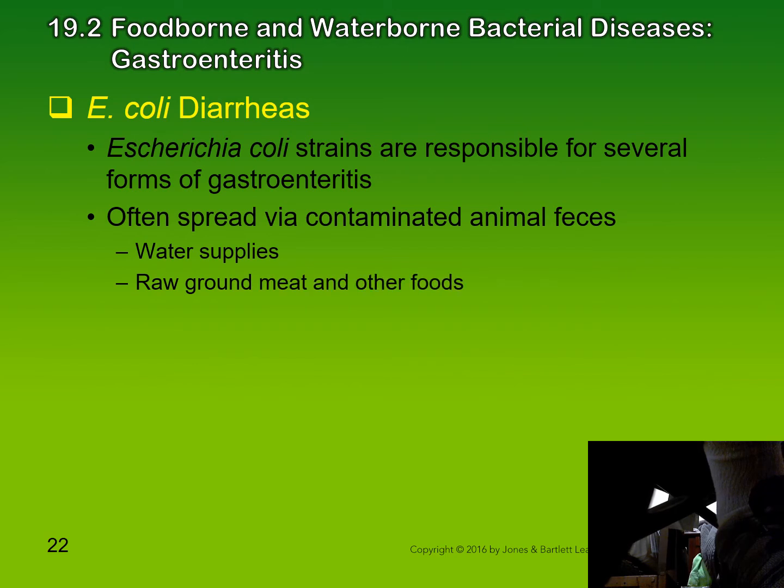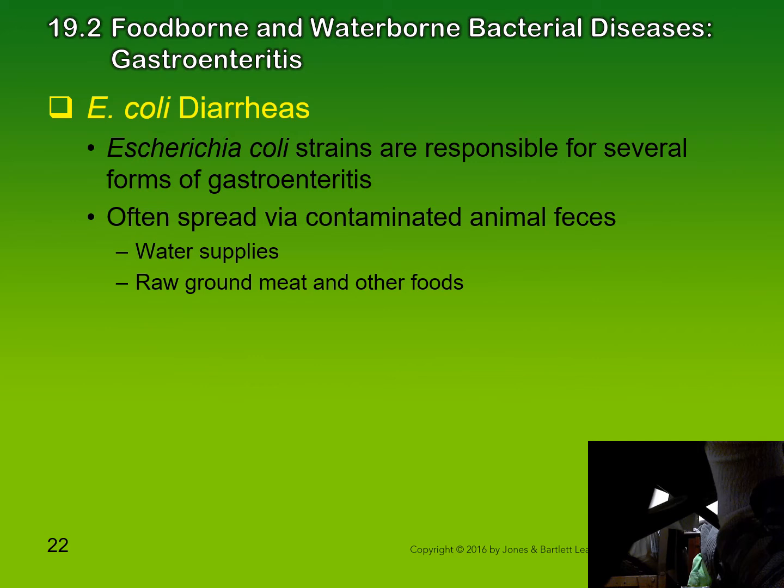Water supplies, if the animal contaminated a whole water supply system, you can have a problem. And when you eat raw meats, especially something like ground beef, you can have that contamination.